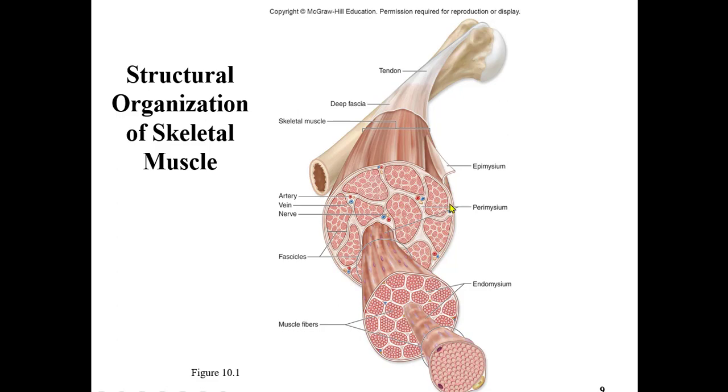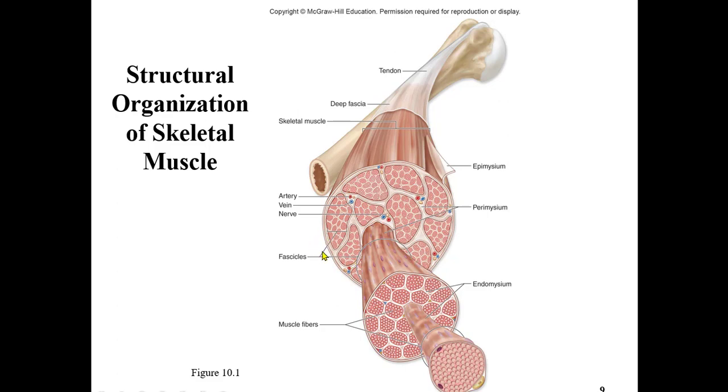And notice in this picture, they're pulling out one of these tubes. This whole black outlined item is called a fascicle. So each skeletal muscle contains many, many fascicles.